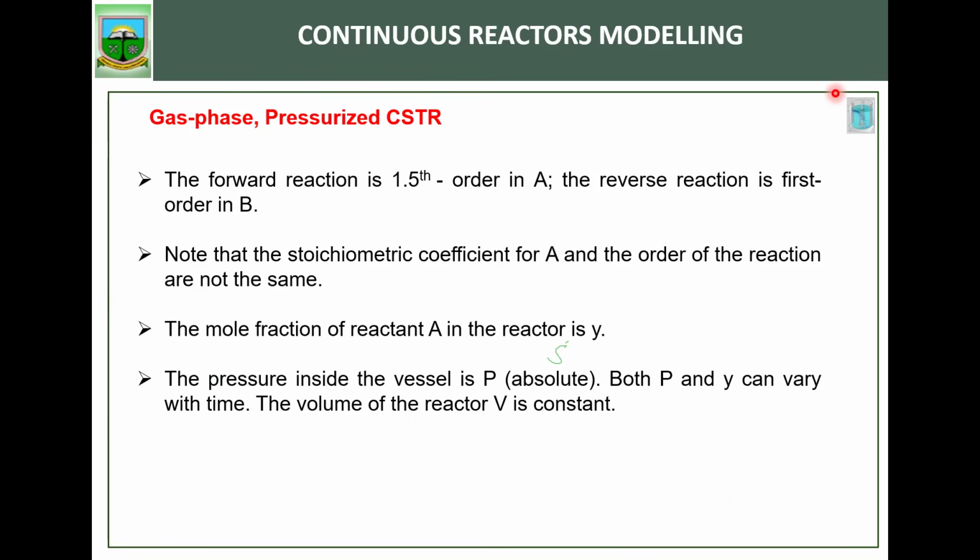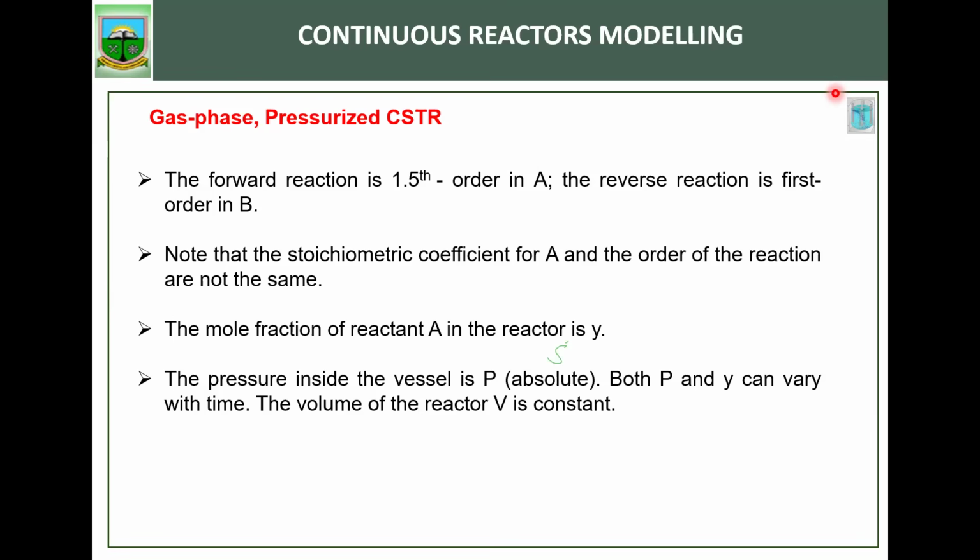I think A is 2 and then B is 1. Then the mole fraction in the reactor is Y. Why are we using Y? Because it's a gaseous reactor. Mole fraction in gaseous phase is always Y. Mole fraction in liquid phase is always assigned by what? X.